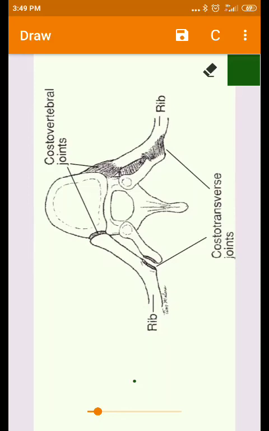Now we will see costotransverse joints. The tubercle of the typical rib articulates with the transverse processes of the corresponding vertebrae to form a synovial joint.